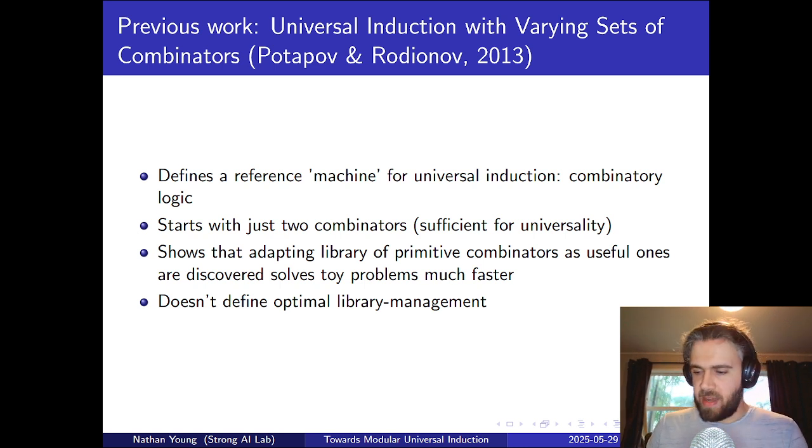So they show that starting with those two combinators and then adapting the library of available combinators with combined ones, so that one that uses a combination of 5 different combinators, you treat that as a new primitive combinator, as it discovers more useful ones for the task at hand, solves some toy problems much, much faster than just using the original 2, which makes a lot of sense.